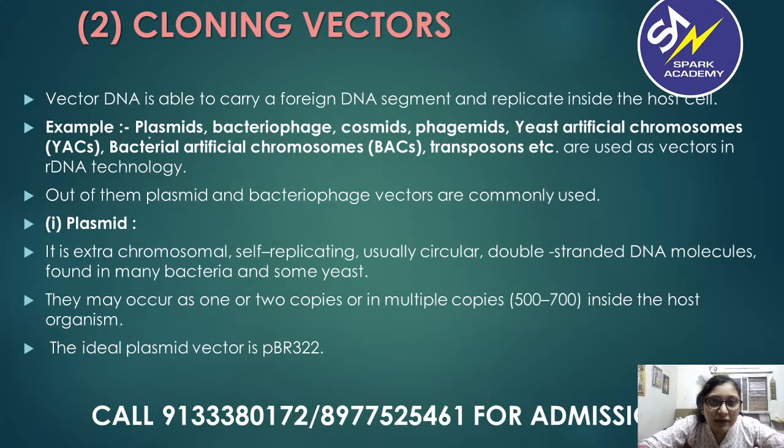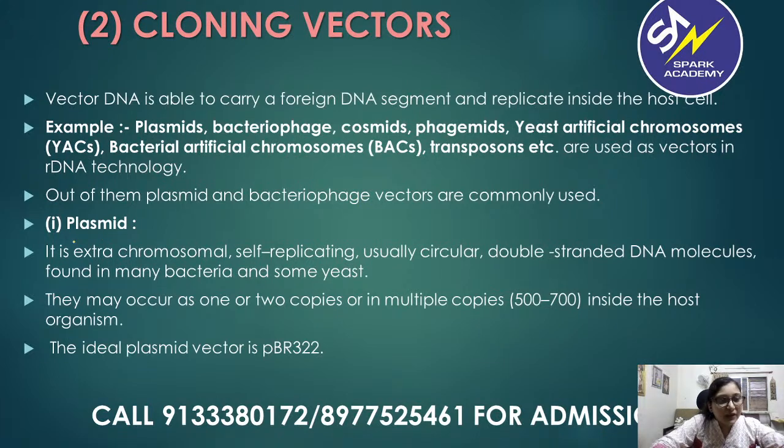Other cloning vectors are plasmid, bacteriophage, cosmids, phagemids, yeast artificial chromosomes, bacterial artificial chromosomes, and transposons. These all are examples of cloning vectors which are used. Even shuttle vector, which we make as our own desirable thing, is also known as shuttle vector.